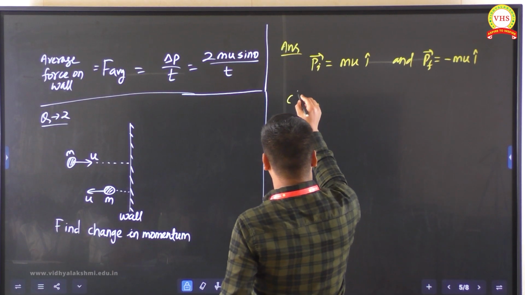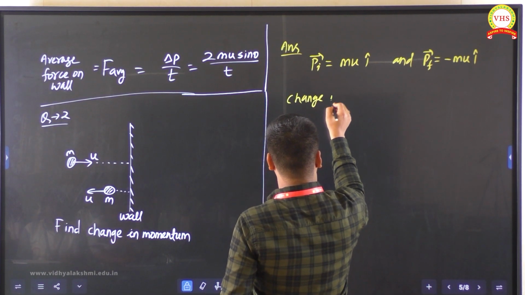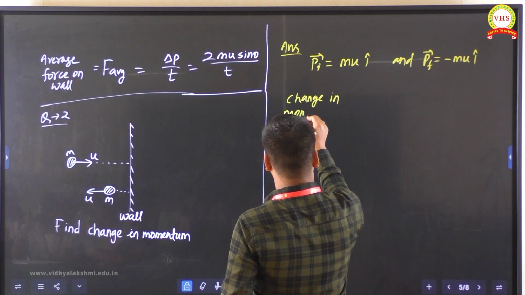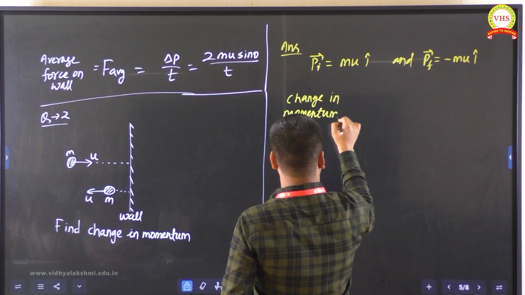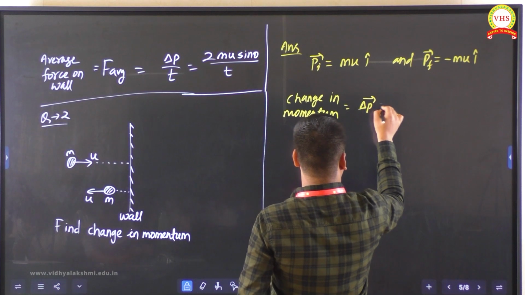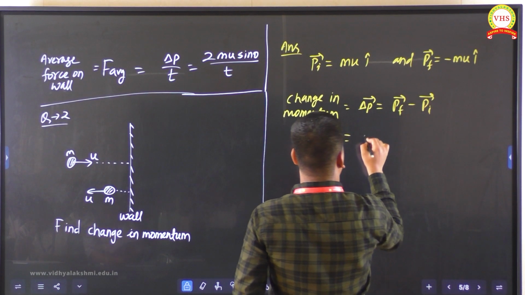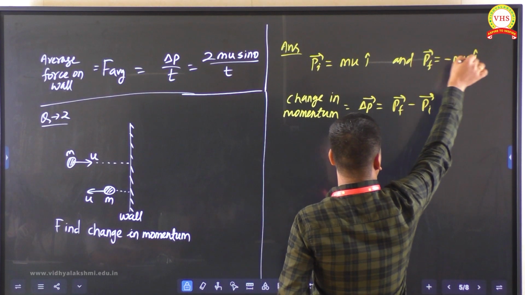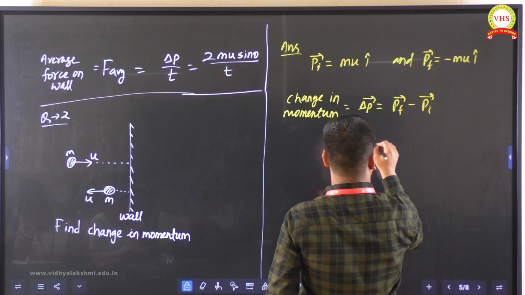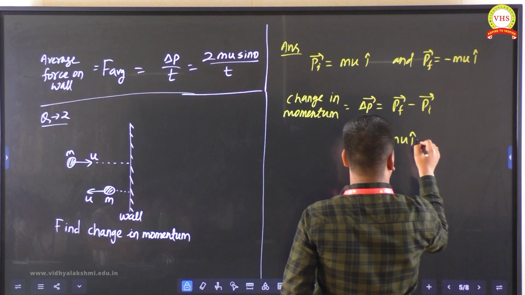Now what is the change in momentum? Change in momentum is delta p vector, which is final momentum minus initial momentum. Now what is the final momentum? This one is final momentum. What is that? Minus mu i cap.